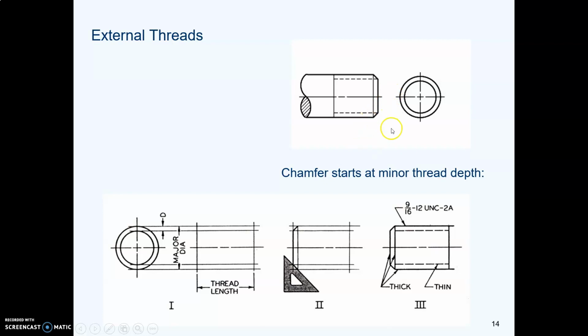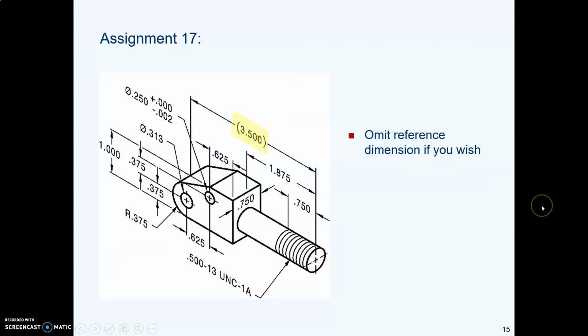So they're always chamfered, and what you draw as a drafter is wherever you drew your hidden line for your threads, you make your chamfer that size. So if you offset a 1/16 of an inch to the hidden line, then your chamfer will be a 1/16 of an inch. But you don't dimension it. You don't call it out. You just draw it.